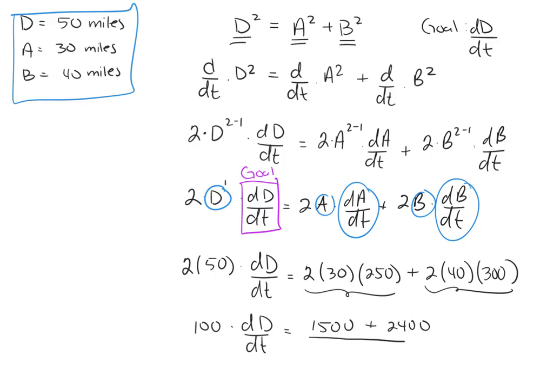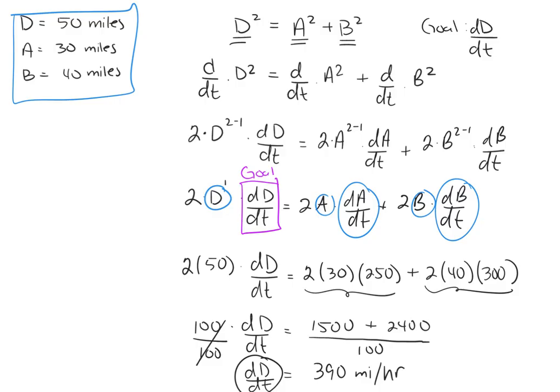And then I'm going to go ahead in this step here, if you guys don't mind, and divide both sides by 100. Okay, and then that way I can go ahead and solve for dD/dt. And so in the numerator here, when you add that and divide by 100, you get 390, and because this is a rate, that's miles, so the unit is miles per hour.